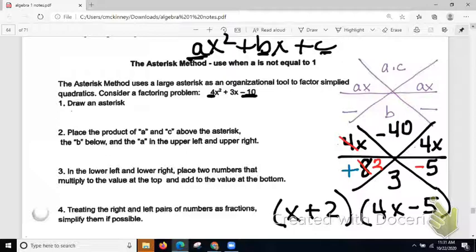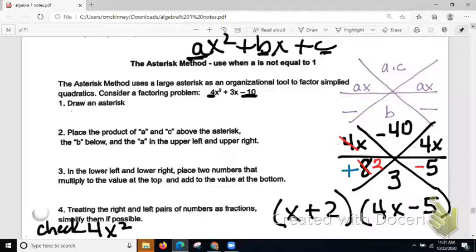Now, I should always check to make sure it works, especially if it's a new method and I'm not sure if I'm doing things the right way. So I'm going to FOIL it out. I'm going to multiply it out. Remember that you can check any factoring problem by multiplying. So x times 4x, 4x squared. This is my check, by the way.